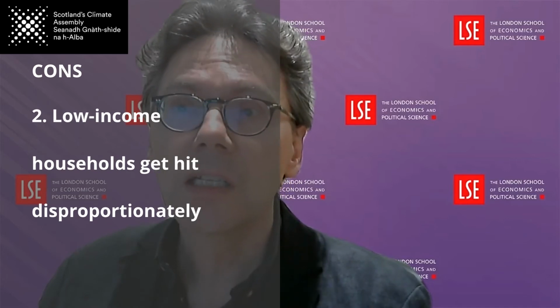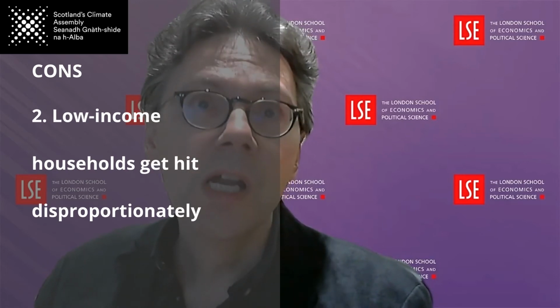The reason is that low-income households spend a larger part of their income on carbon-intensive things like heating and transport. But because the dividend is equal for every household, those who emit not a lot of carbon, either because they're low-income households or because they have cleaned up their carbon footprint, they actually get more money back than they put in, so they're better off.